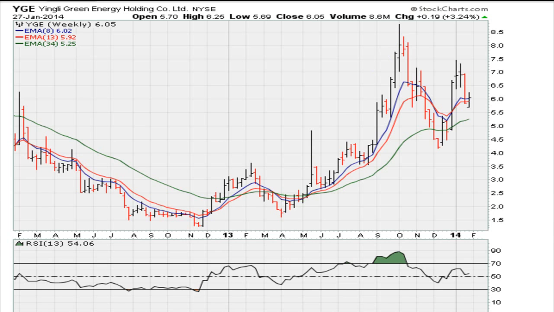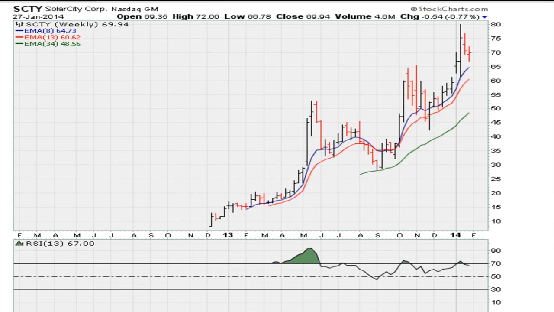That's another major move. Let's take a look at another one, Solar City. From April of 2013, it managed to have a nice spike almost immediately, moving from about $20 all the way to $45 in about 1, 2, 3, 4, 5 months.